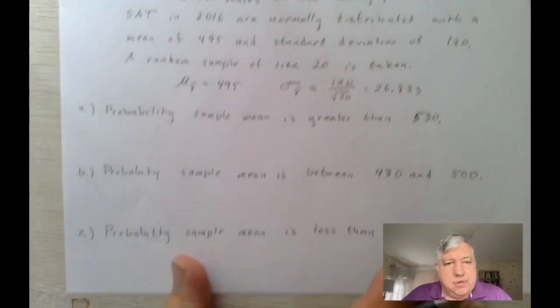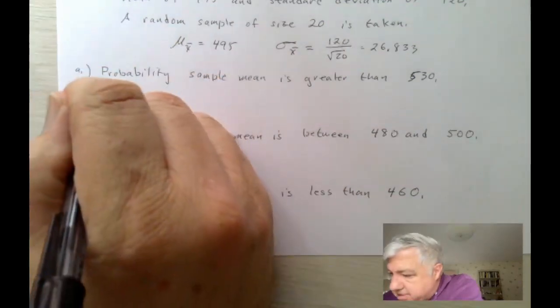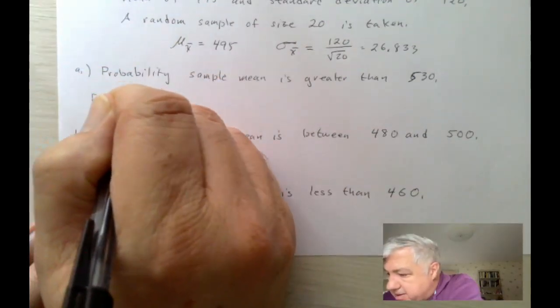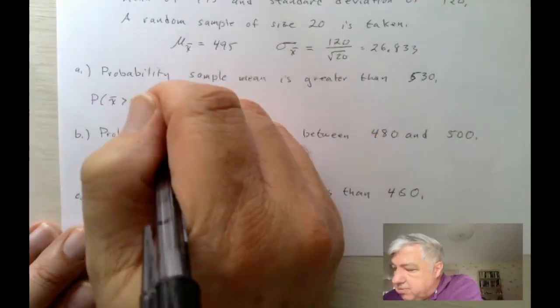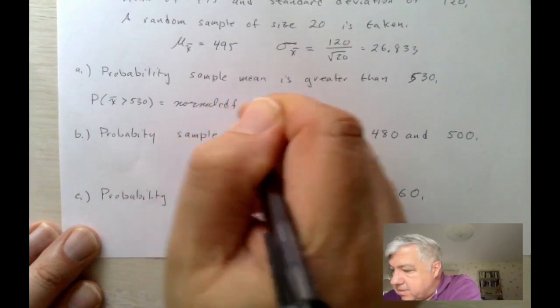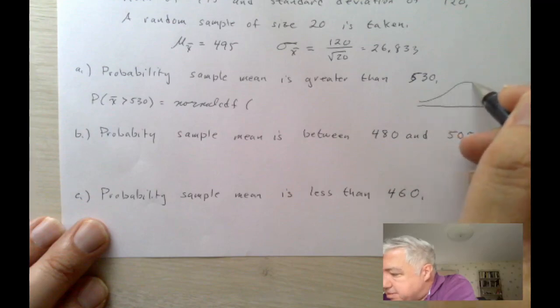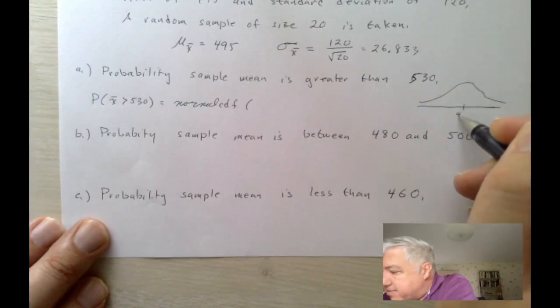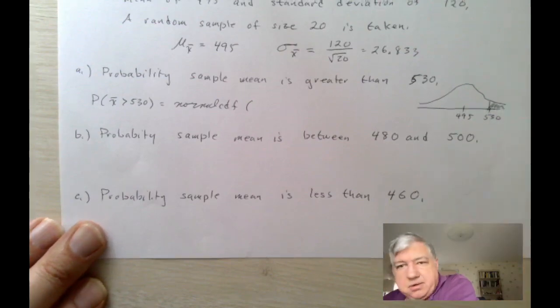All right, so if we want to find the probability that a sample mean is greater than 530, this is the probability that x bar is greater than 530. So this would use normal CDF. Let's draw a picture of this. Here's our mean, 495. 530 is over here, and we want this region right here.